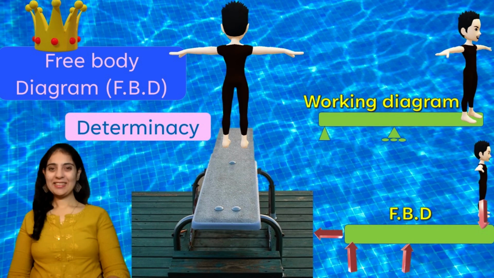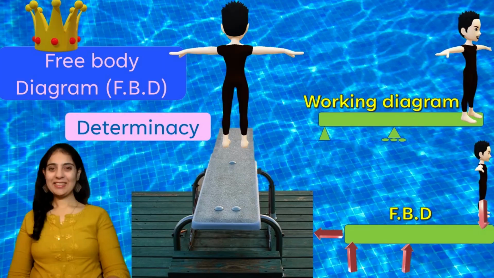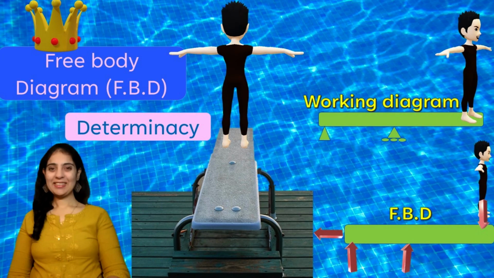Let's understand it through an example. A person diving using the diving board. So look at that diving board. The diving board has a pin connection at one end, then leaving some distance there is a roller connection which we can use to minimize or maximize the length of the board, and at the end of the board a person stands.